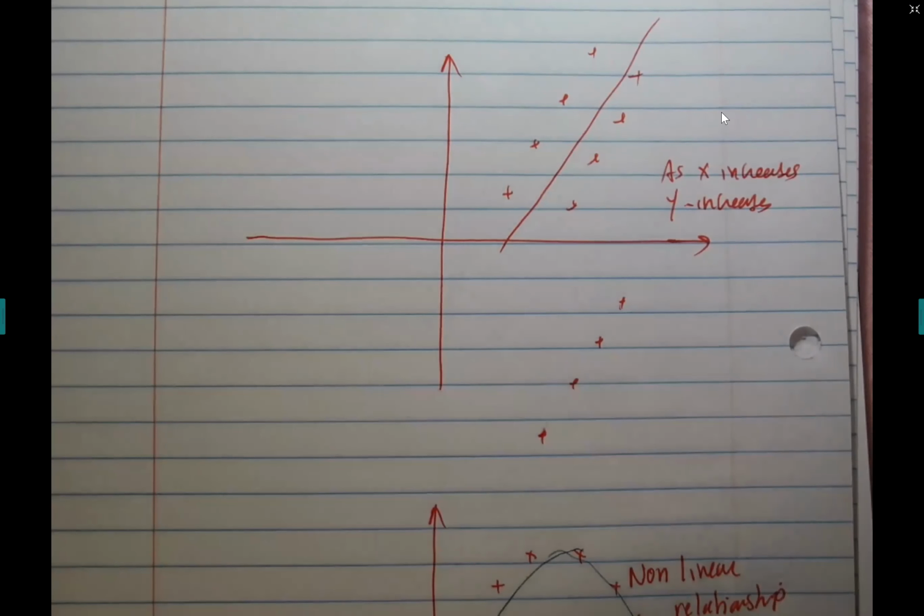We're going to learn how to sketch those points using our calculator, and we're going to be able to tell whether there is a linear relationship between the X and Y values and how strong this linear relationship is, and this is all going to be done using technology. So that concludes just the algebra part, and now I'm going to go to the chapter 9 guided notebook and start from there.